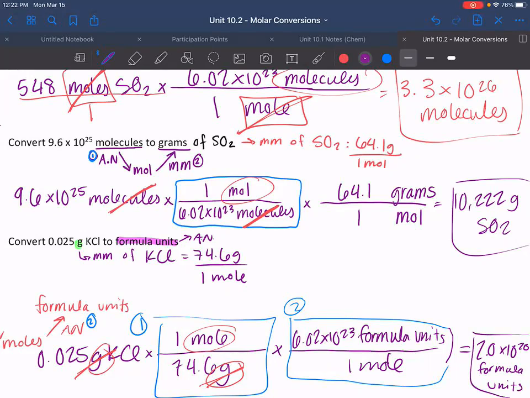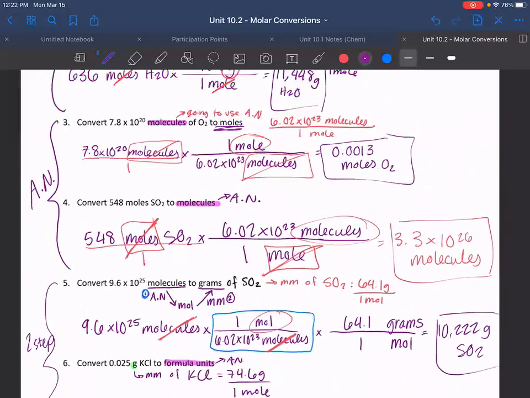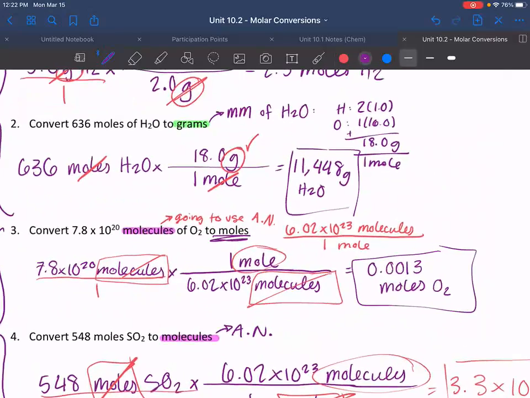All right, so these last two were two-step problems. I want to ask you guys a question here. For number 3 here, we're asked to convert 7.8 times 10 to the 20th to moles.